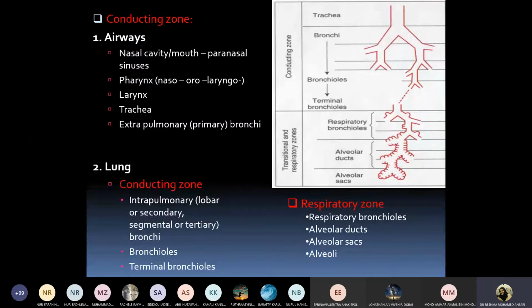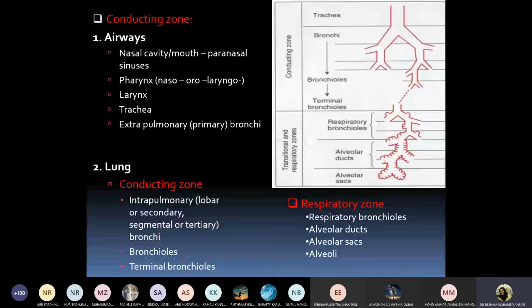Those, along with the bronchioles and terminal bronchioles, will form the conducting zone of the lung. Up to this level, the wall should be kept rigid for air to reach through. Once it goes beyond terminal bronchioles, it forms respiratory bronchioles, alveolar duct, alveolar sacs, and alveoli. Here the walls become collapsible so that gaseous exchange can take place.